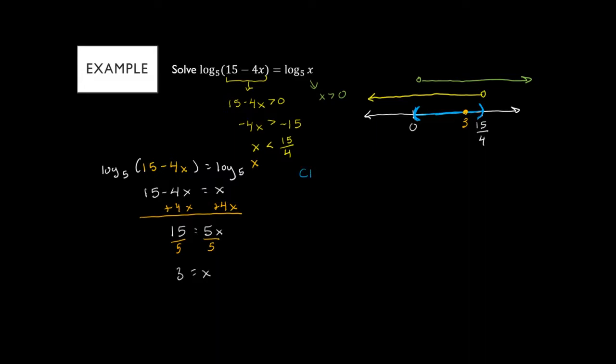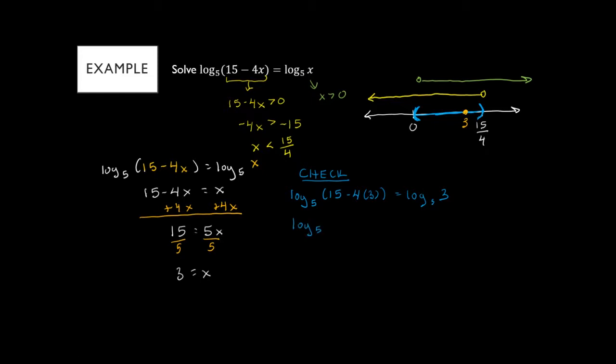And we can check our work by just double checking that it actually works. So we have the log base 5 of 15 minus 4x, but now x is 3, equals the log base 5 of 3.